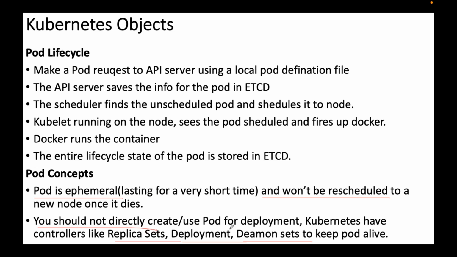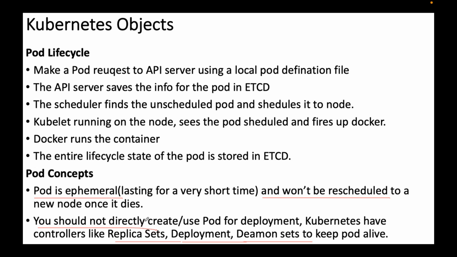If I create pods with the help of these controllers and something goes wrong with that pod, who is going to replicate that pod again? Will these resources take care of replicating it? Yes. We have to use these resources like replica set, replication controller, deployment, daemon sets to keep the pods alive.